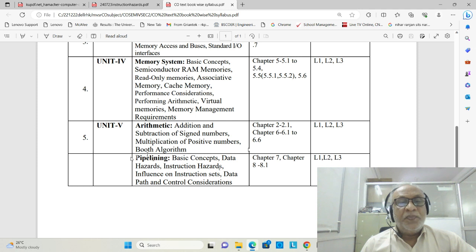The purpose of pipelining, we remember, is performance improvement, while the delays or stalls in pipelining will cause hazards, and hazards can be data hazards or instruction hazards. So let us look at instruction hazards today.